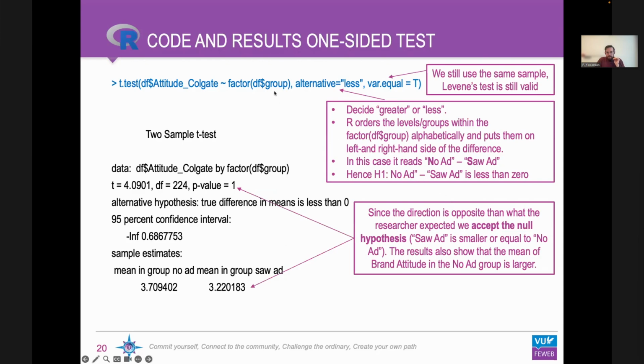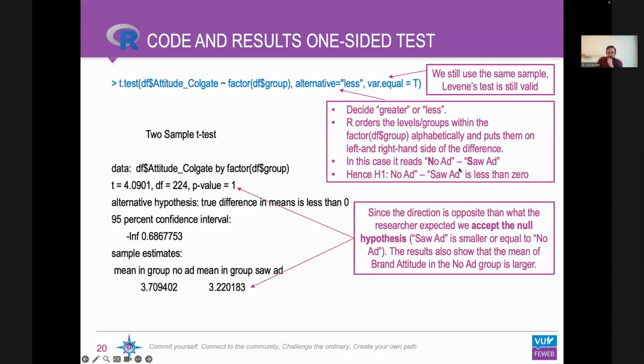Okay, in this case, under the group, we have no ad and so ad, apparently. And R always orders these in alphabetical order, meaning that if you look at the categories within this group variable, it will first get the no ad and then get the so ad.